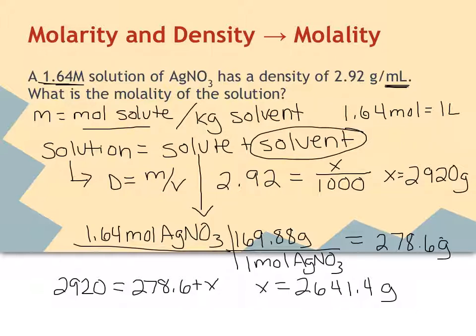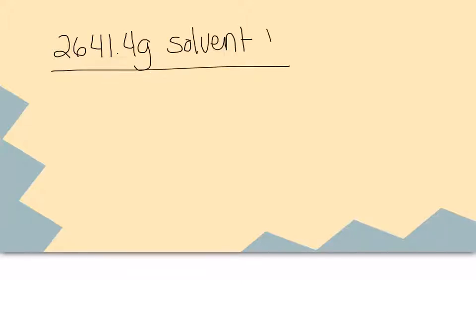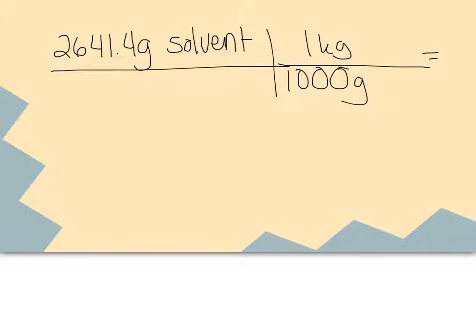So now we have a blank page. What I have here is 2,641.4 grams of solvent. Now I just have to move it over to kilograms: 1,000 grams to 1 kg, and I end up getting 2.6414 kilograms of solvent. I leave all those numbers till the very end.